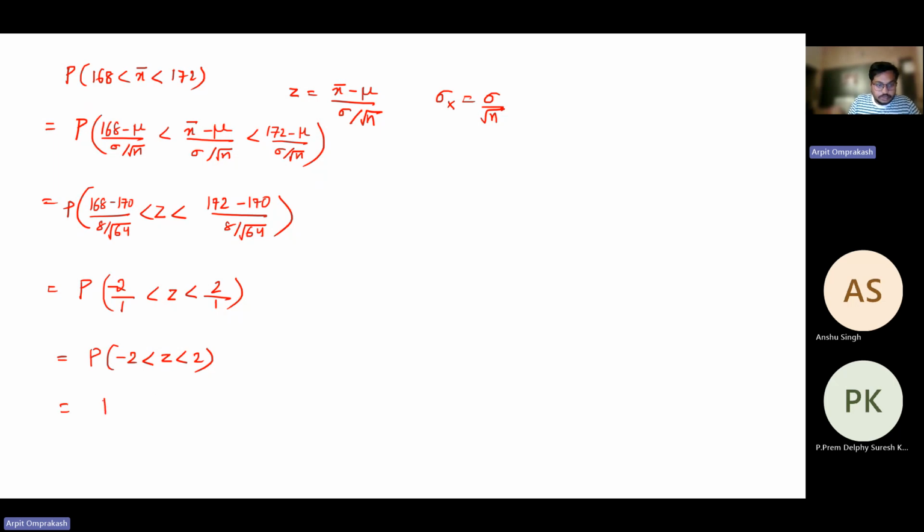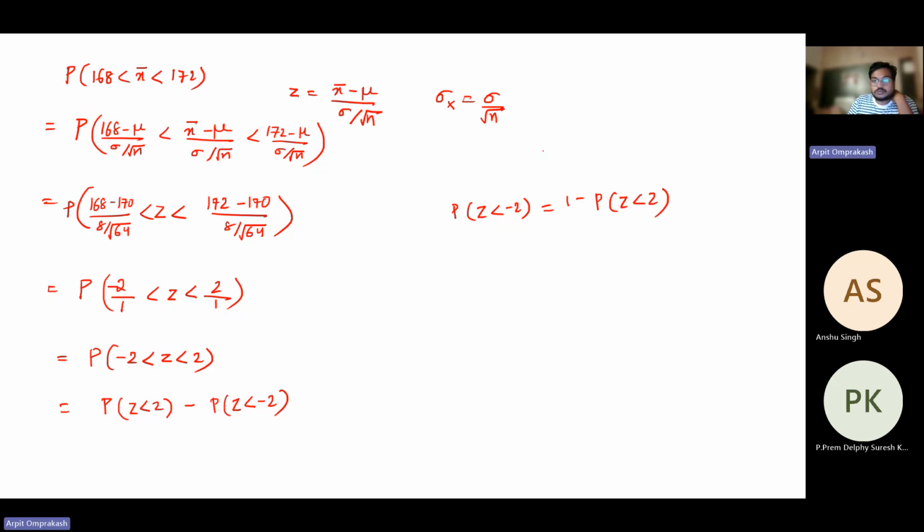So that basically means the probability that Z is less than 2 minus the probability that Z is less than -2. Right, so this we can break up into two parts like this. And in the table, since we can't look up negative values, we know that the probability that Z is less than -2 will be equal to 1 minus the probability that Z is less than 2.